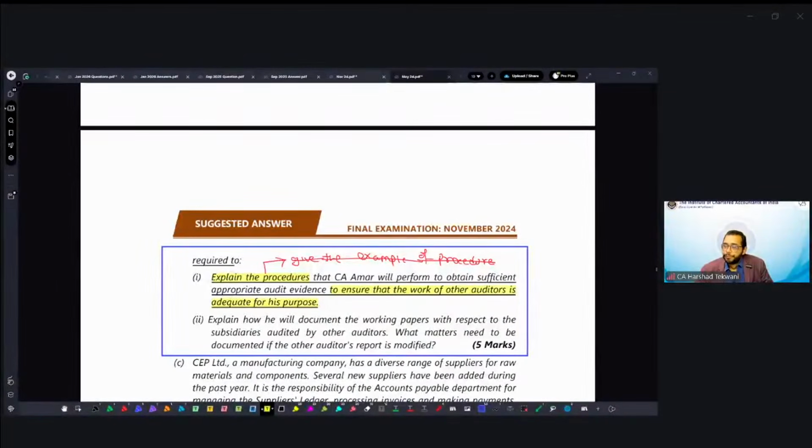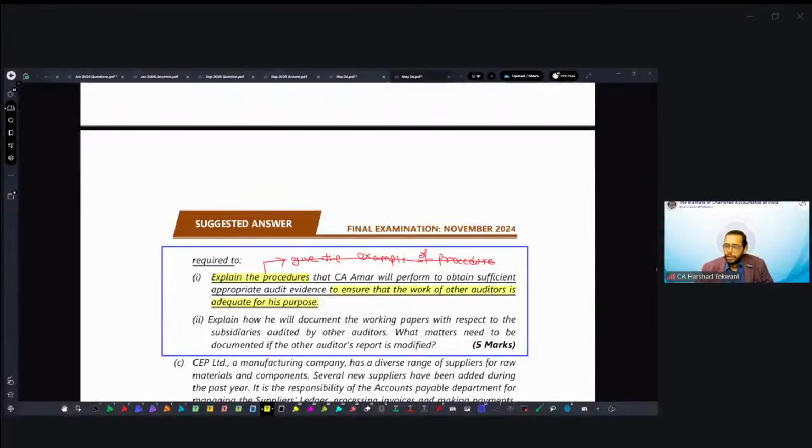No? Okay. Now, if for every component the instructions differ, then won't it be a headache for the main auditor? That's where you have something called group instructions. Okay, group auditor instructions, a detailed document that is prepared before you commence the audit.